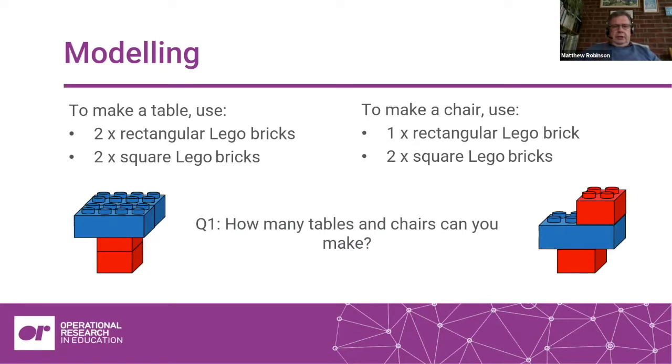So what I'd like you to do now for each of those options is to work out how much it's going to cost you to build the tables and chairs that you've got in each of your options. So again, just a couple more seconds for you to do that, and then I'm going to give you the final piece of information.